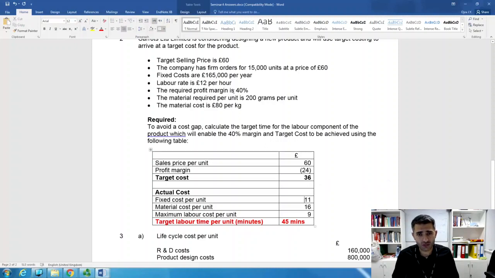Let's leave the labor to the end, of course, because we need the balance. We need to balance it, so leave it at the end, please. So let's jump to the material. In terms of material, each unit is 200 grams, and we pay £80 per kilogram.